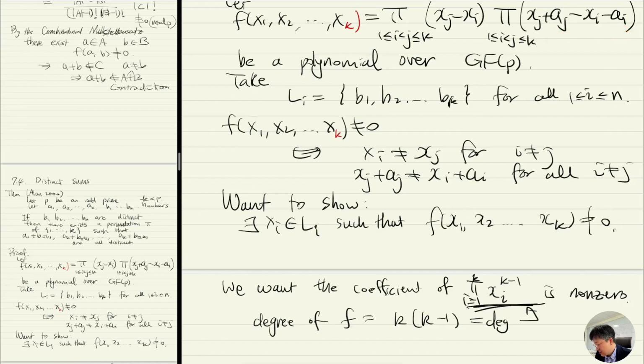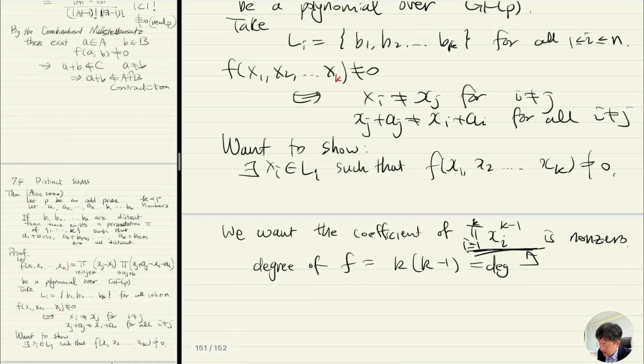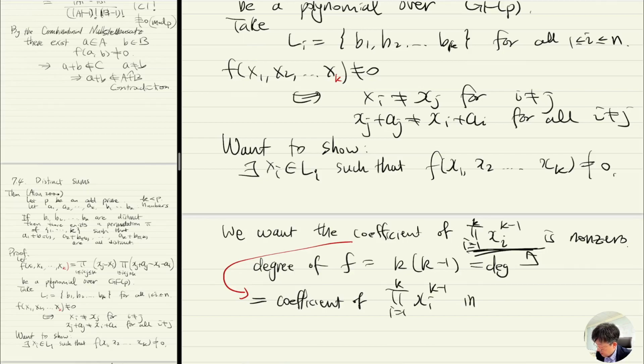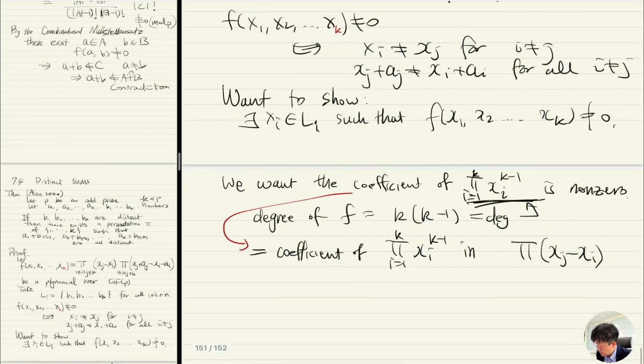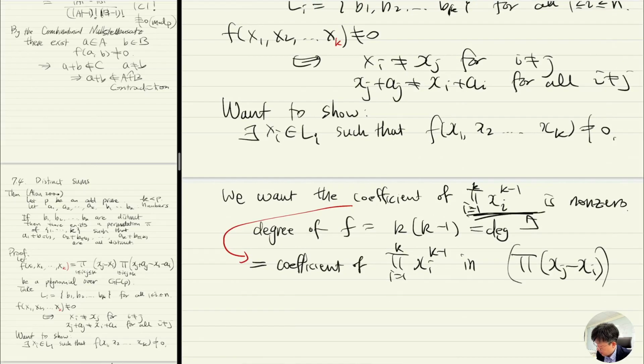So this coefficient is equal to the coefficient of the product of xi to the k minus 1 when we ignore the aj, ai terms, so then what you have is this squared.